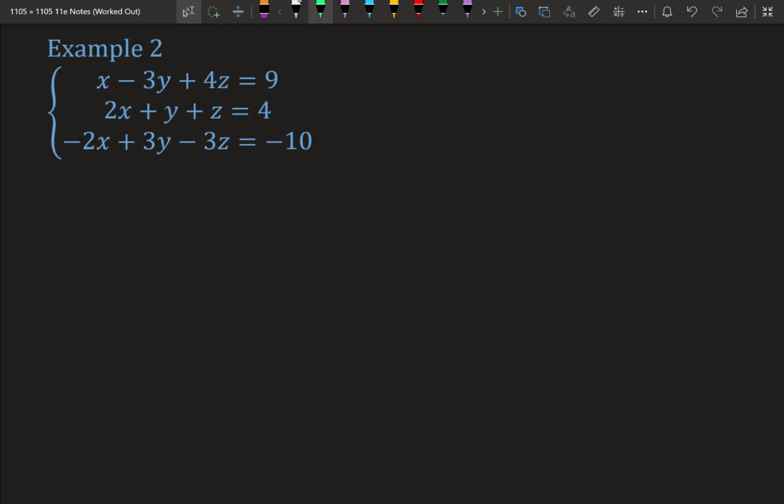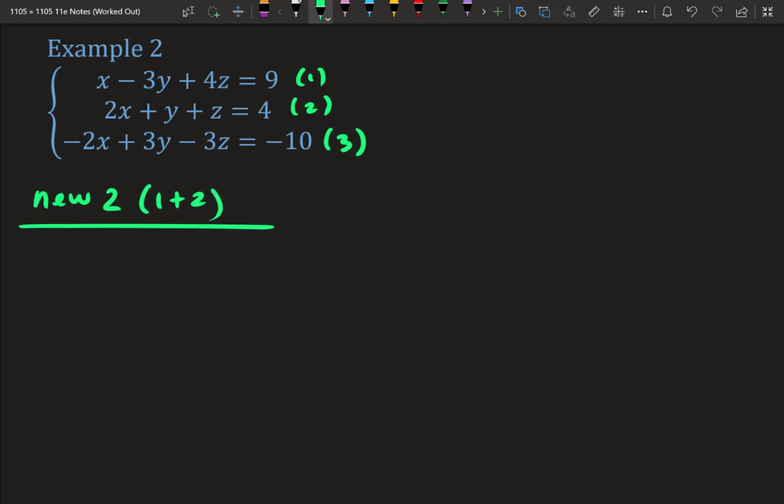We're going to do the same thing. So we have our 1, 2, and 3. So we're going to take 1 and 2 to give us new 2. So our 1, we have x minus 3y plus 4z equals 9.